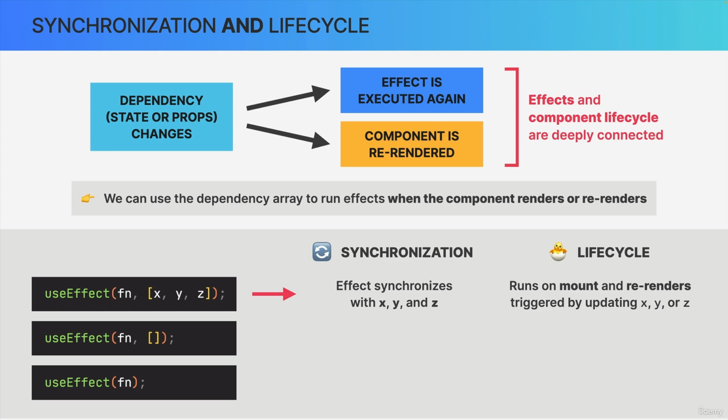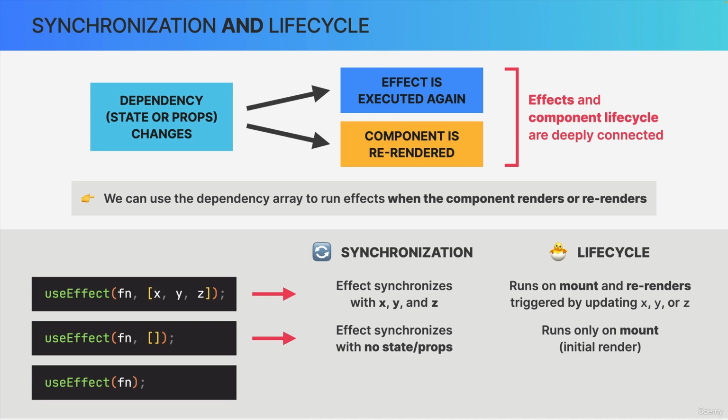Now, if we have an empty dependency array, that means that the effect synchronizes with no state or props, and therefore it will only run on mount. In other words, if an effect has no dependencies, it doesn't use any values that are relevant for rendering the component, and so therefore it's safe to be executed only once.